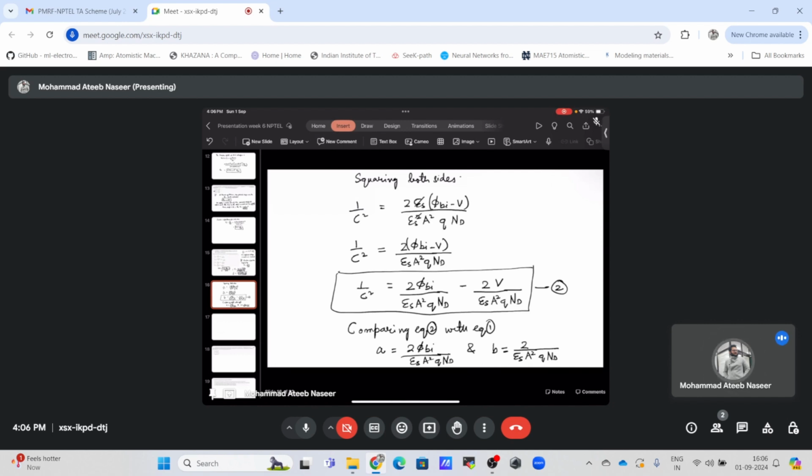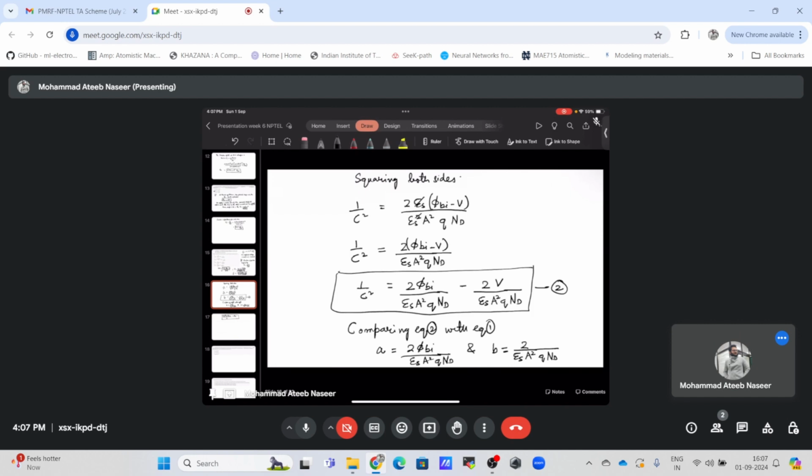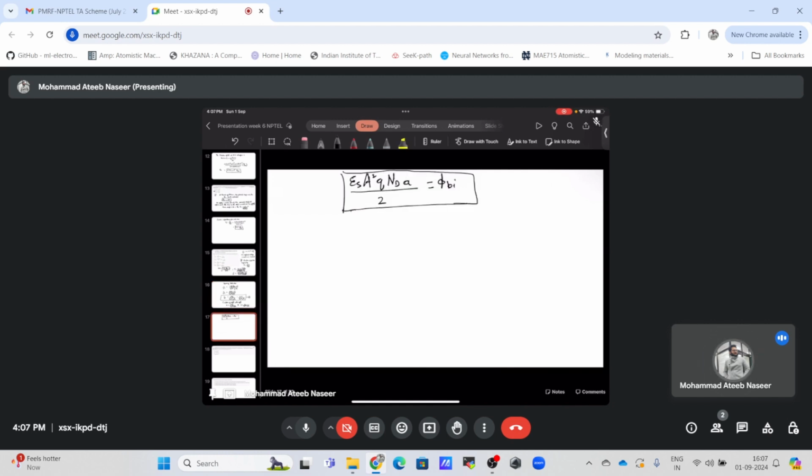So phi bi is a by b, that is, phi bi equals a by 2 times b over 2, and Nd is simply 2 by epsilon s A square q b.